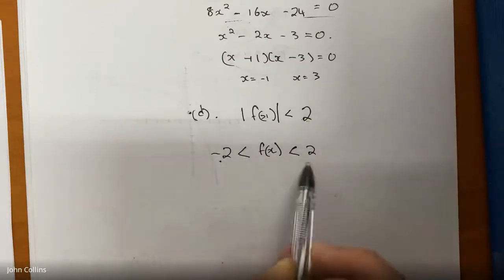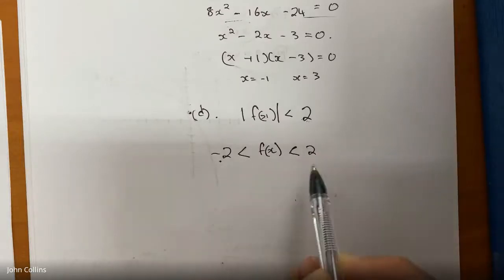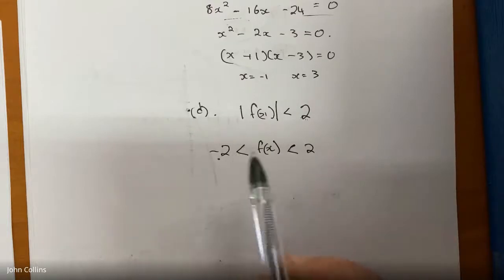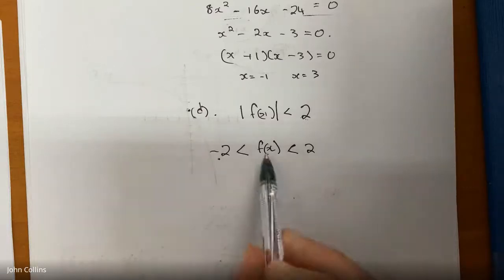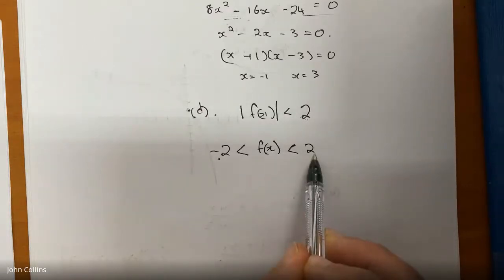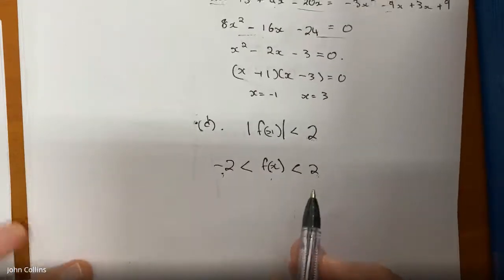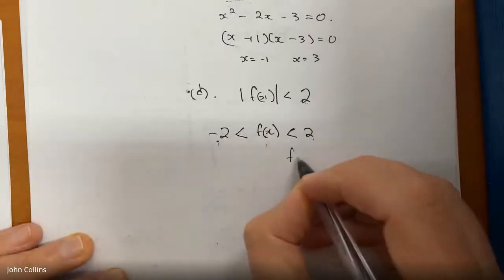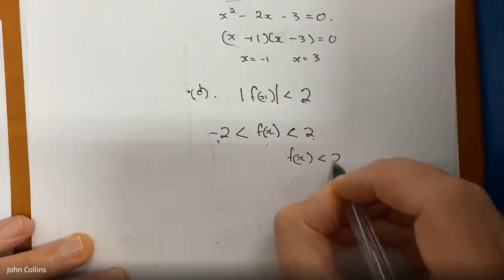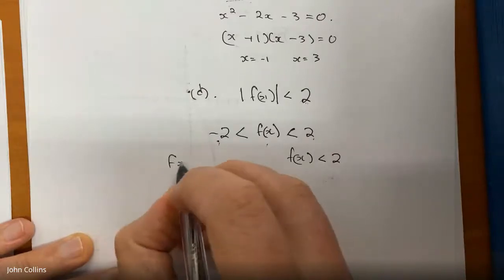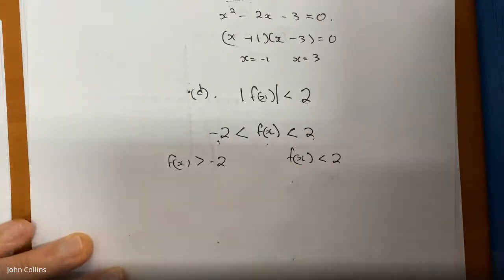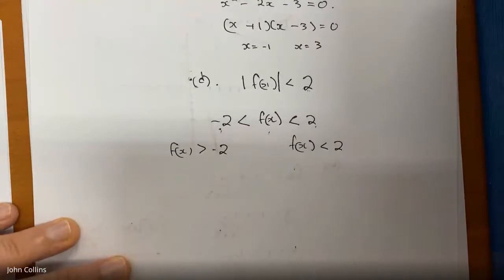You can do inverse for this if you want, but I think it's easier just to solve two equations where f of x is less than 2 and where f of x is greater than minus 2. So in between those two is our set.